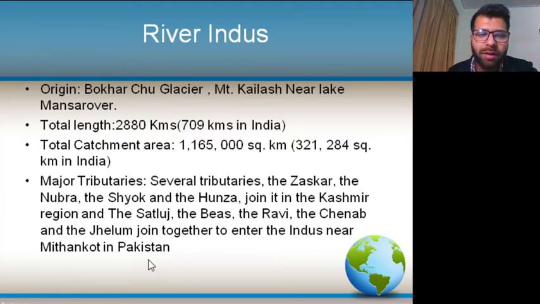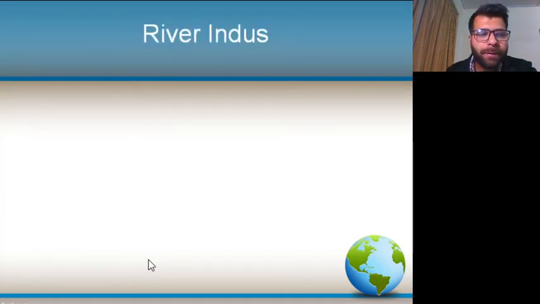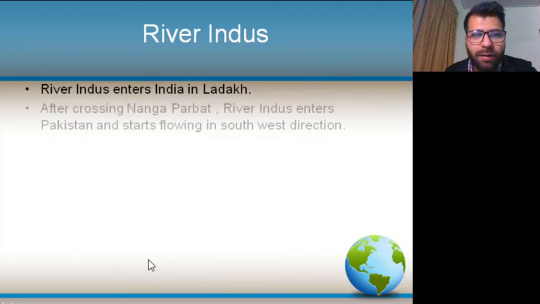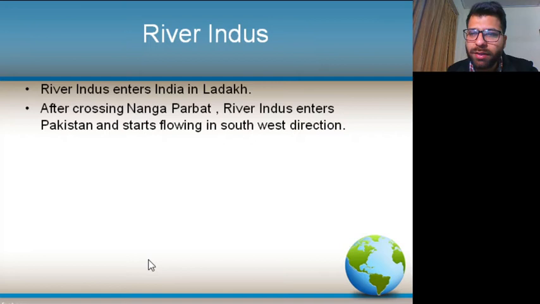As I told, the major part flows in Pakistan. The river enters India in Ladakh Union Territory, and after crossing Nanga Parbat, one of the highest mountain peaks, the 9th largest peak, almost toward the northwestern side of Jammu and Srinagar Union Territory, almost at the border of India and Pakistan, this river suddenly changes its direction and starts flowing in the southward direction.